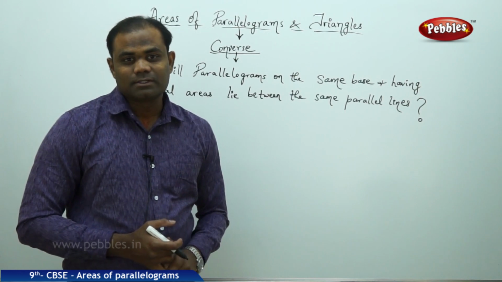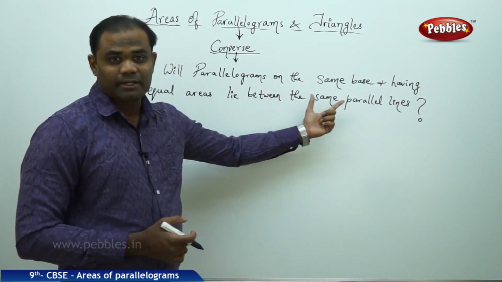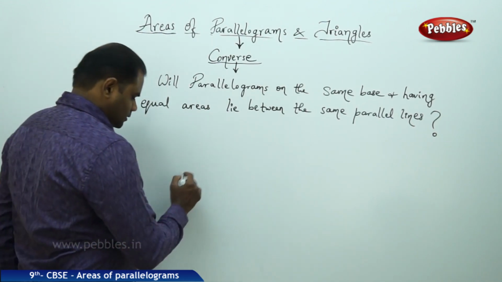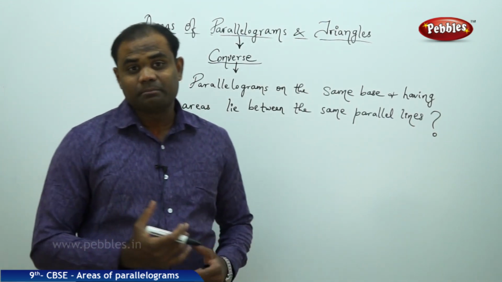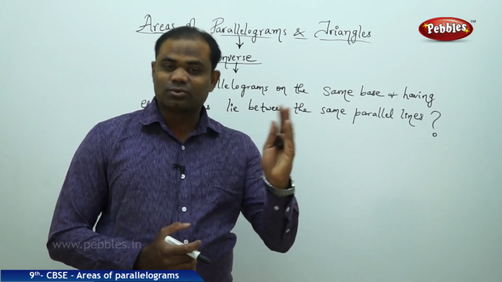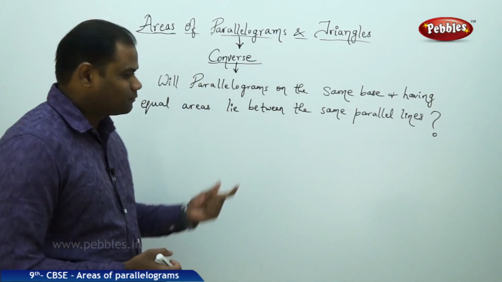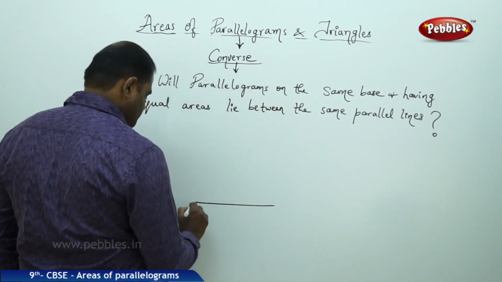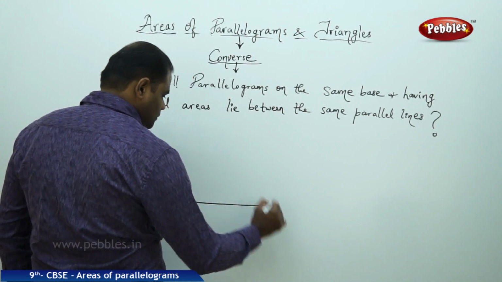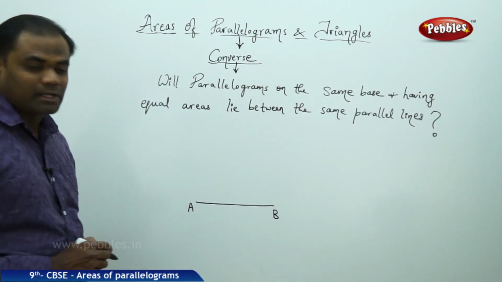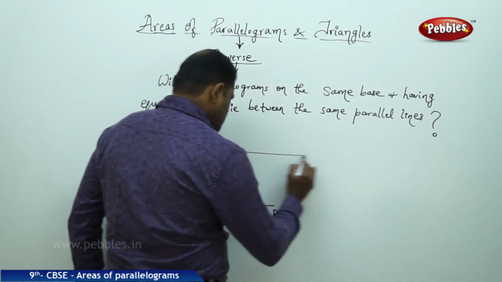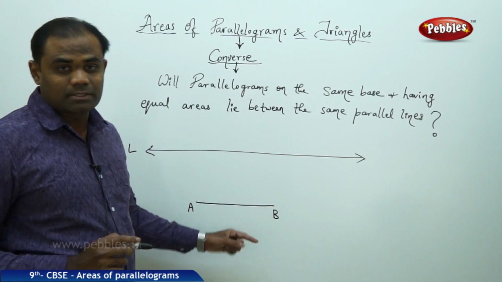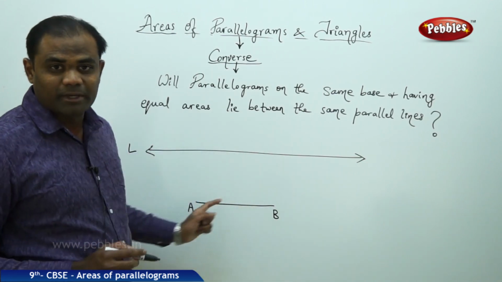Investigating the converse of same bases and same parallels. Now let's take two parallelograms with the same base and lying between two lines which are not parallel. The converse says that if I have the same base AB and two parallelograms lying, let me say there's another line L which is not parallel to this but a bit away from the base AB.